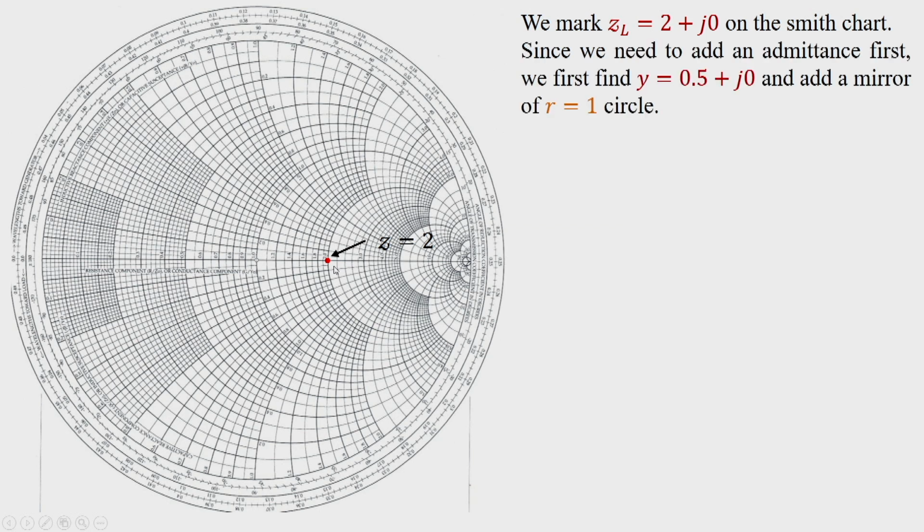Next, we draw the constant VSWR circle, and then since we need to add an admittance first, we find out y is equal to 0.5 corresponding to this impedance Z is equal to 2.